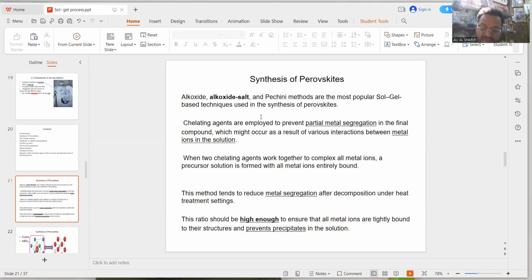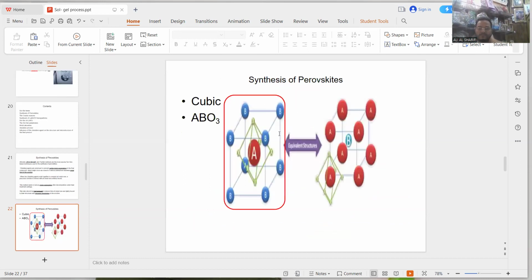We must be sure of the precursor ratio, solvent ratio, and alkoxide salts, that means the precursors. A difference in any one of these three important parameters will affect the final product.